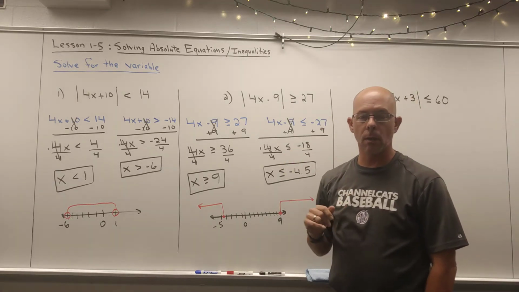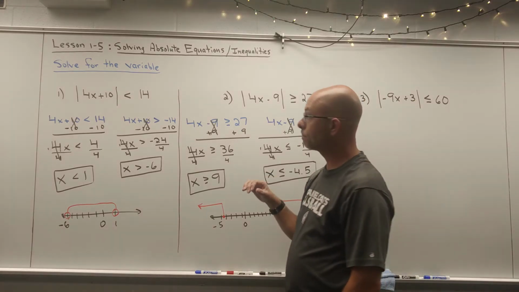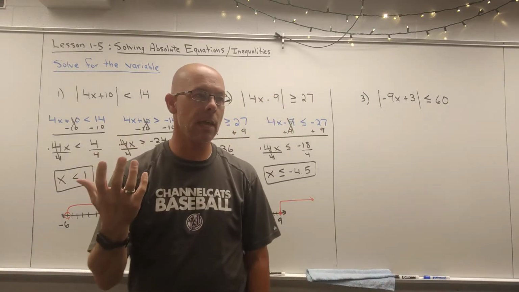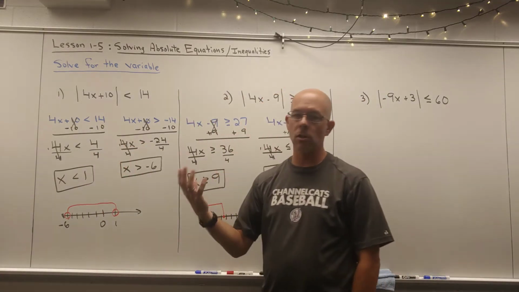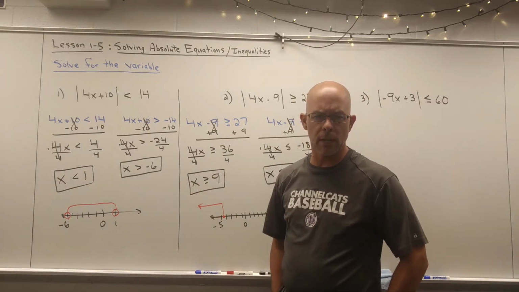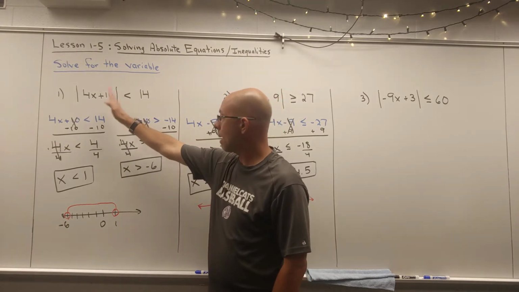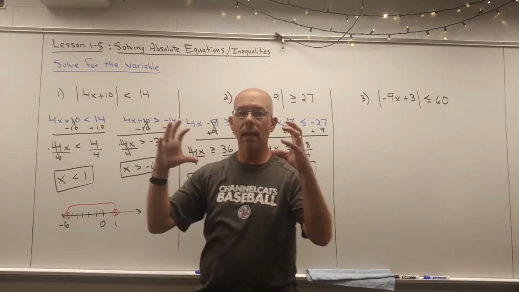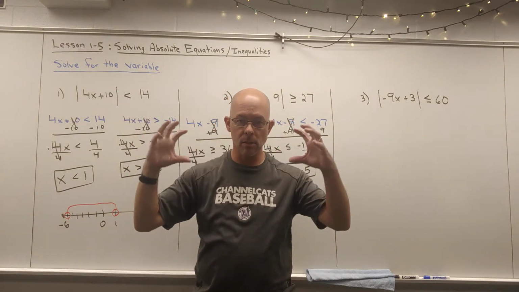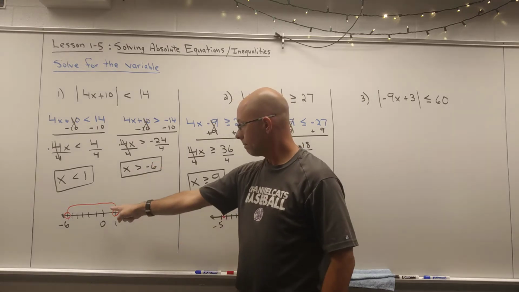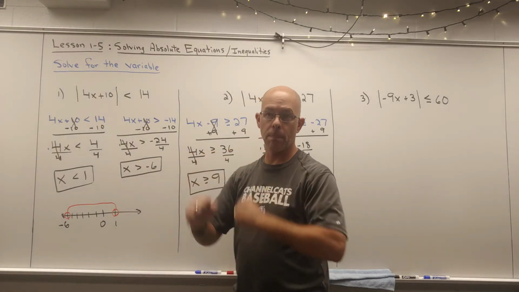Now, there is a method to this madness. And you don't necessarily have to remember this, but it's certainly helpful information and nice information. If the original symbol is absolute value is less. Less means less distance, close together. Those answers come together.